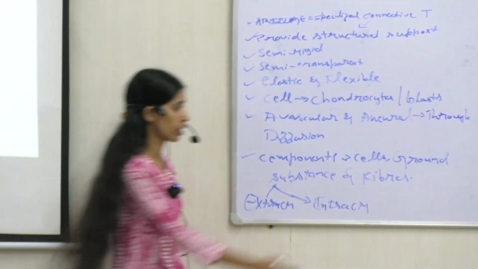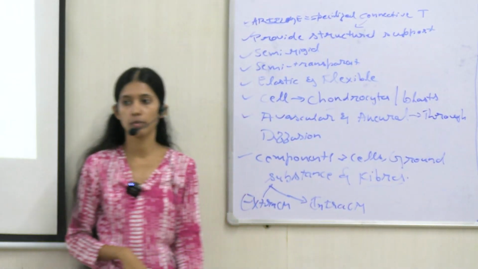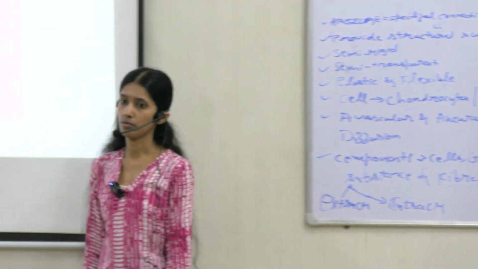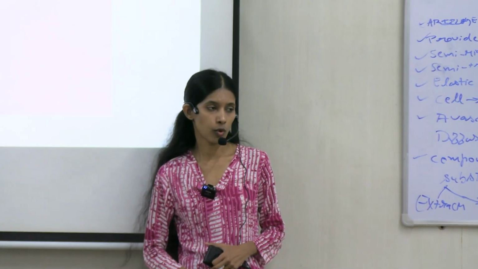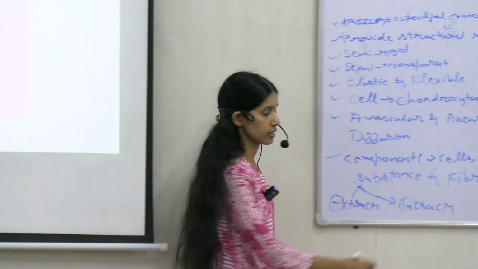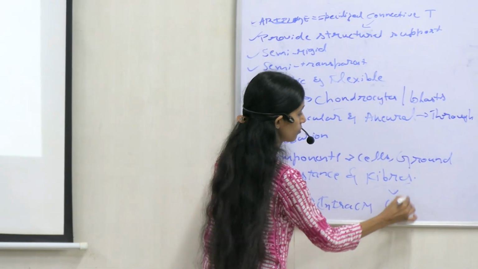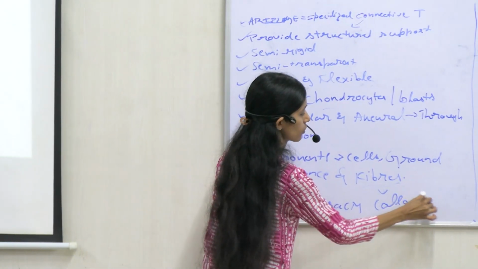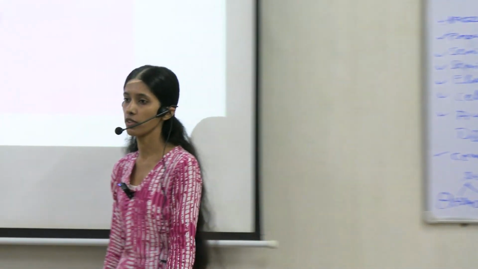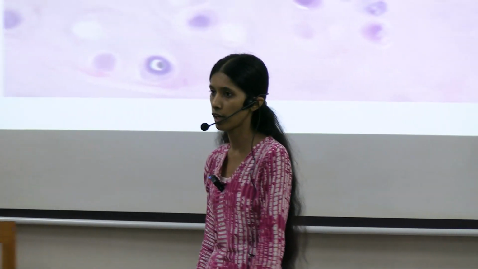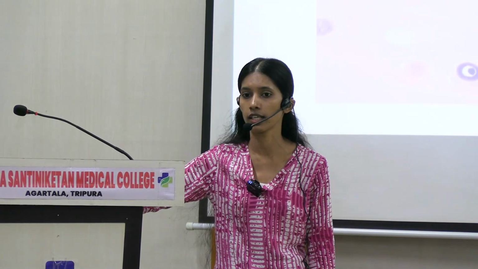What about the fibers? What kind of fibers can we see here? Collagen fibers. In your cartilages, we can see the presence of collagen fibers, chondrocyte cells and extracellular and intracellular matrix. Those are nothing but the ground substance.